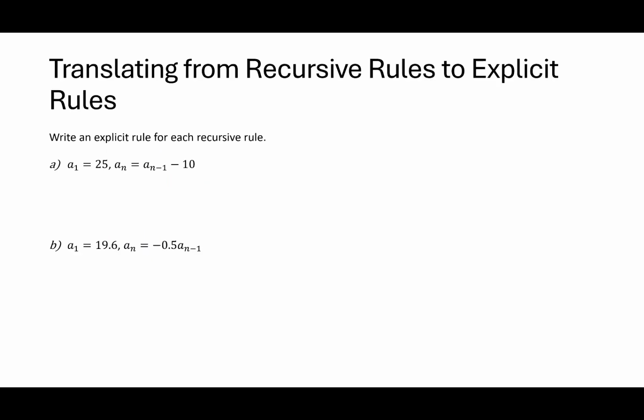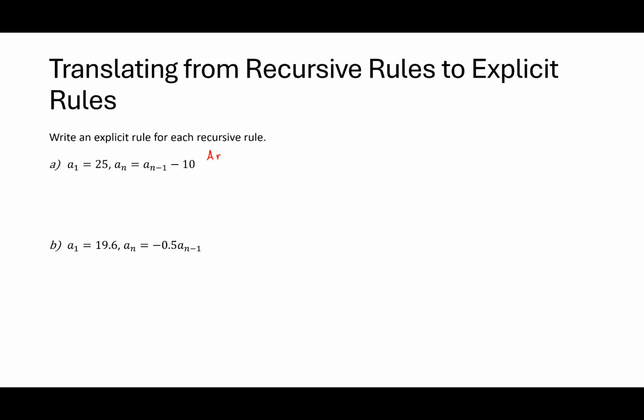Okay, so now let's translate. We've already seen explicit rules. Can we figure out the recursive rule from the explicit? Or can we take our recursive rule and then figure out what the explicit should have been? All right, so first let's notice what this one is doing. It's minusing 10 each time.